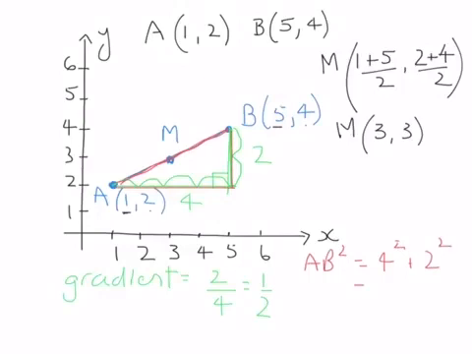And 2 squared plus 4 squared is 20. But that's what AB squared equals. We want to know what just AB equals. So we have to take the square root of both sides. So the length of AB is the square root of 20. If I leave it with the square root sign over it, that is the exact answer.